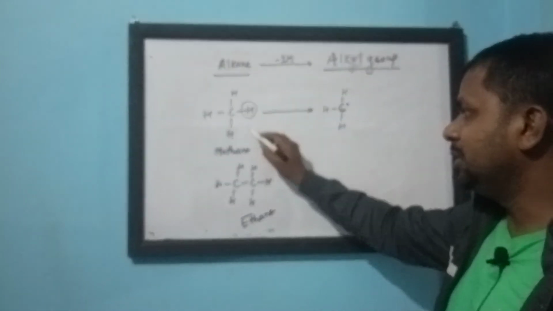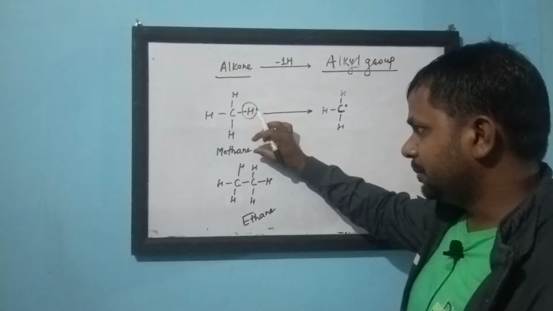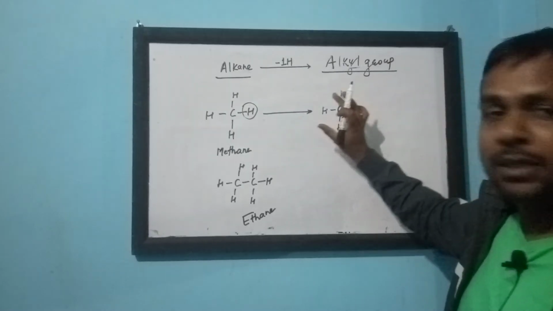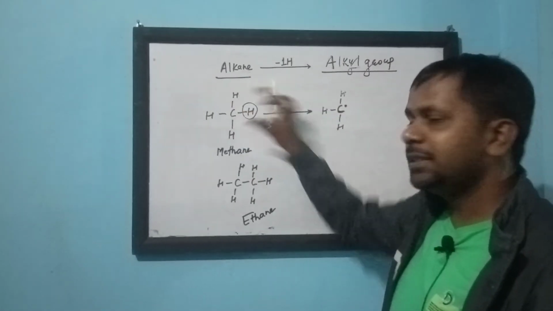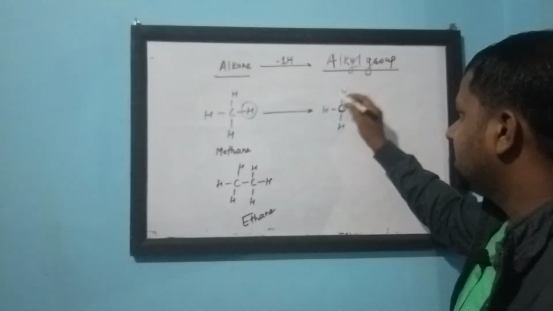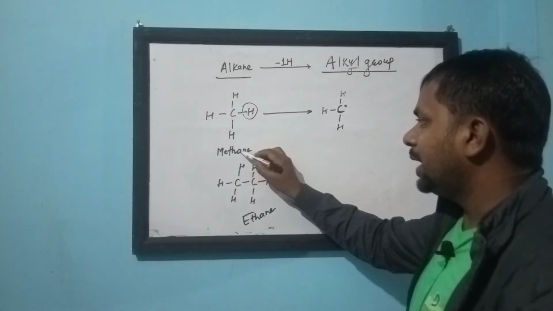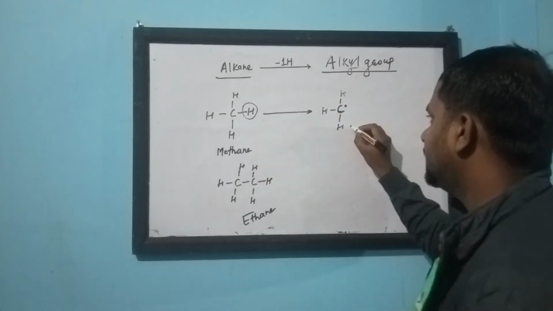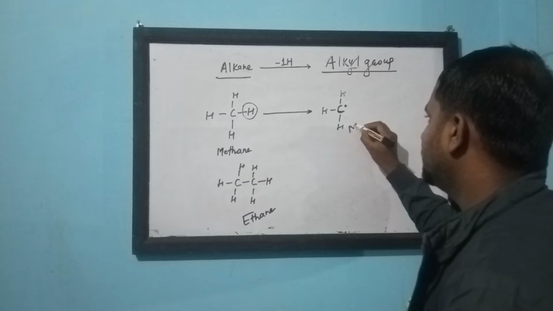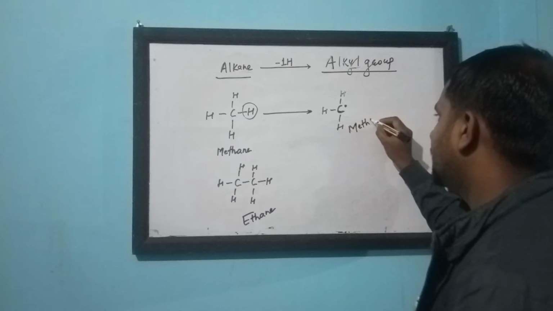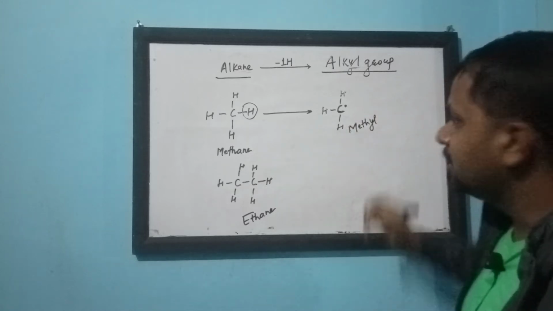So its name will be the alkyl group that is formed from this methane. The A and E will be removed and YL will be kept over here. This name will be methyl group.